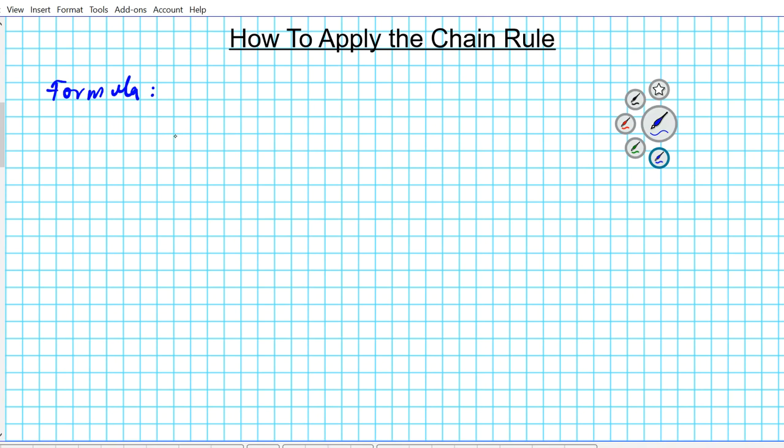If you're looking for the derivative of a composite function, let's say f of g of x, so f of g of x prime, you differentiate this by finding the derivative of the outer function, which is f prime, evaluated at the inner function, times the derivative of the inner function.